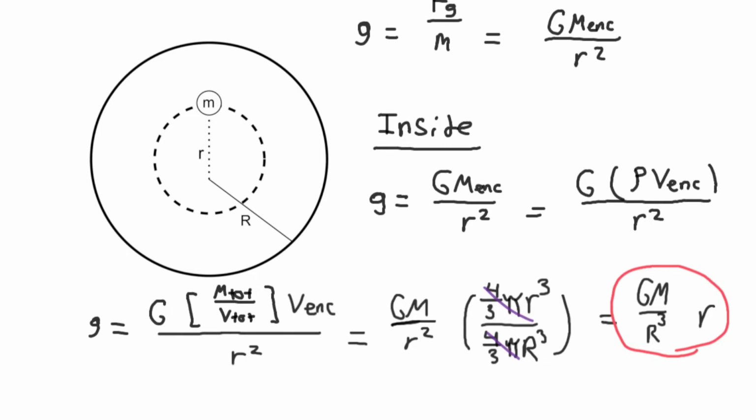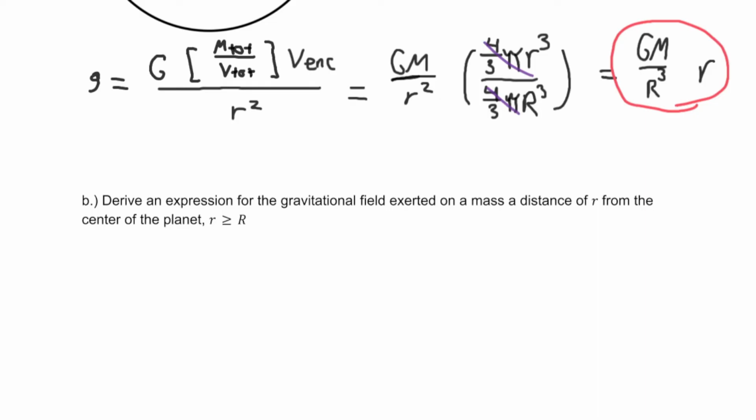So again, all we did is we said that the enclosed volume is a sphere of radius little r, so volume is 4/3 pi r cubed with the little r. And then we said that the total volume is just a sphere of radius big R, 4/3 pi R cubed. And then outside the planet, well, it's quite simple.